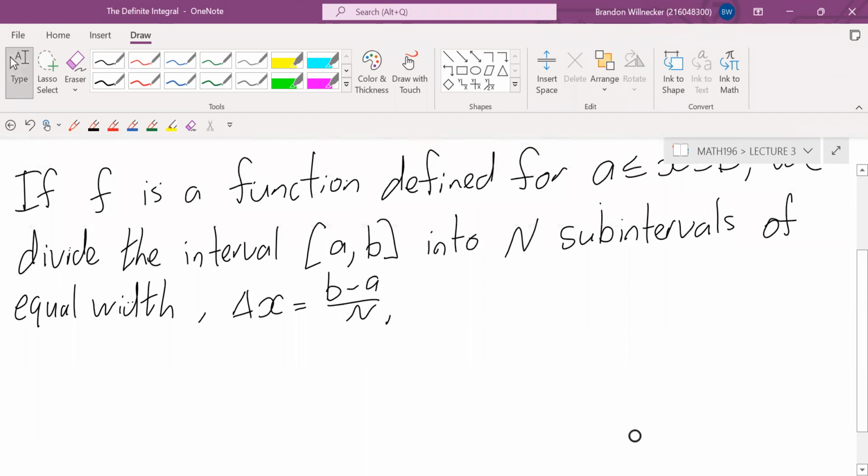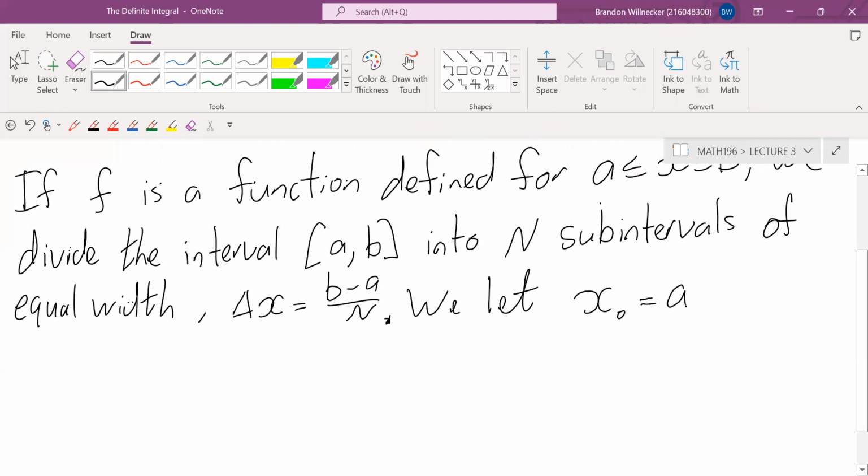Okay, so we divide the interval into n subintervals of equal width. Delta x equals b minus a over n. We then let x naught be a.